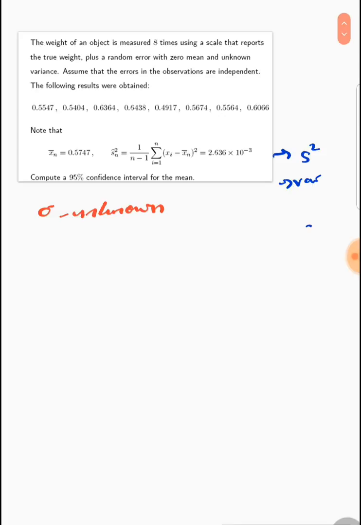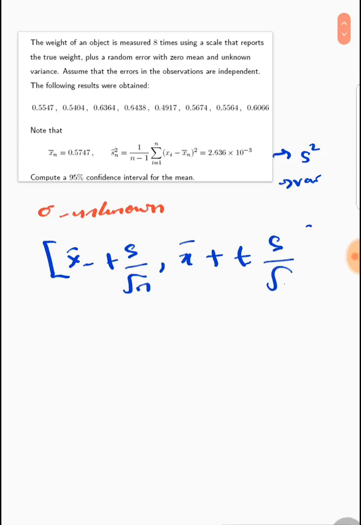If you remember earlier, what do we do for the confidence interval? The confidence interval is x bar minus t times s over square root of n, and x bar plus t times s over square root of n.